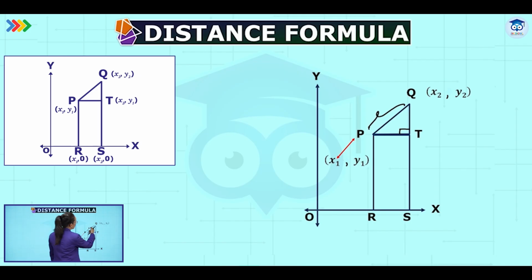So let us focus on this triangle. When we focus on this triangle, we have a right angle triangle. Okay. So we will be using the right angle triangle, the Pythagoras theorem, to calculate the value of PQ. So for that we require these points.